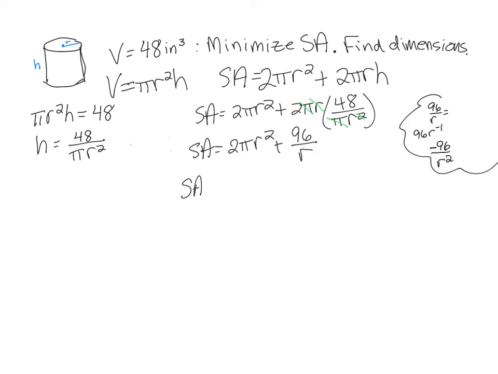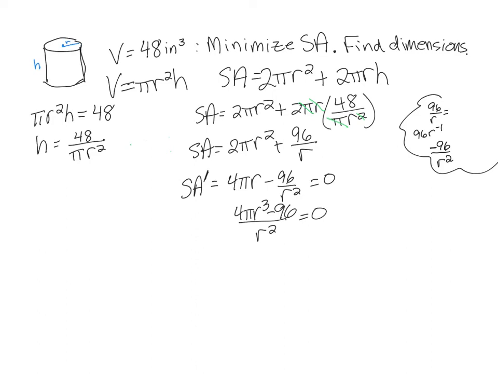So we're minimizing the surface area. So the first bit here gives me 4 pi r minus 96 over r squared. We're going to set that equal to 0, get a common denominator, and now you've heard me preach enough in the last few videos about setting a rational function equal to 0.